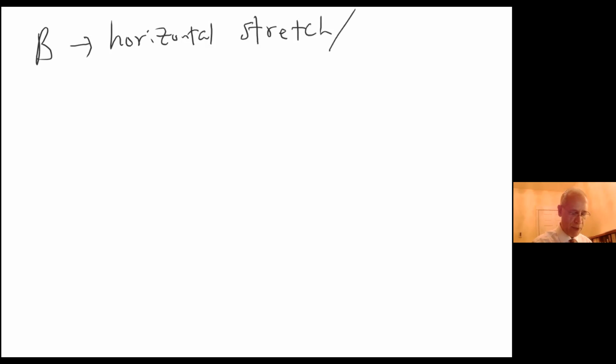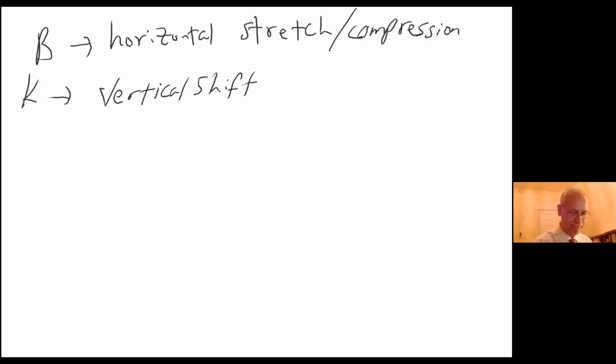B is horizontal stretch, or we can also sometimes say compression. And K is vertical shift. You can also call it, and I'm sure your textbook refers to it as, midline.